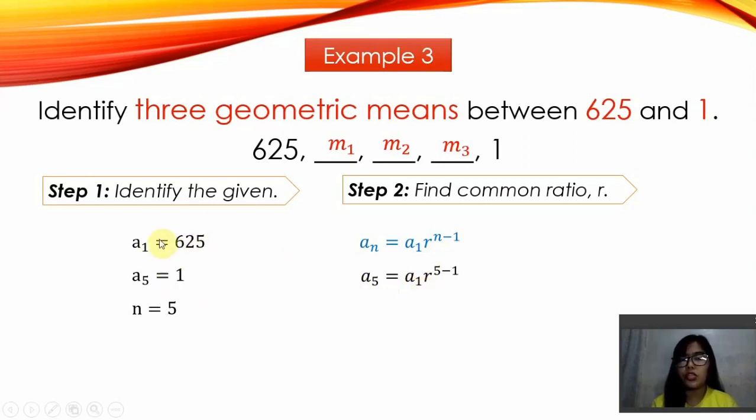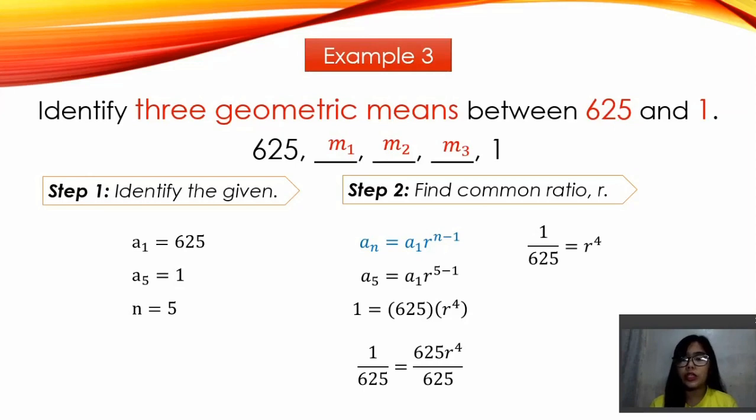So, that will be 1 is equal to 625 times r raised to 4. Since we're going to find the value of r, we will divide both sides by 625. That will be 1 over 625 is equal to r raised to 4. Now, we will find the fourth root of 1 over 625 and r raised to 4 to find the value of r.